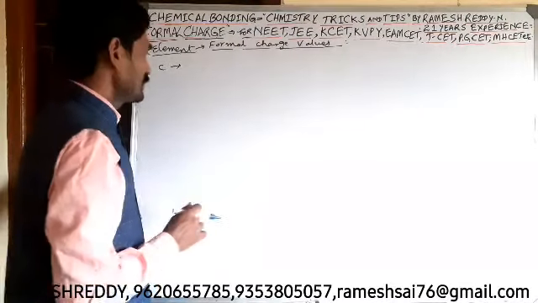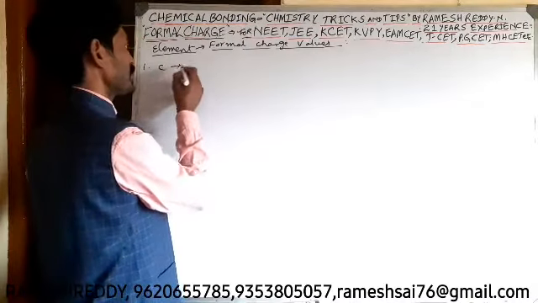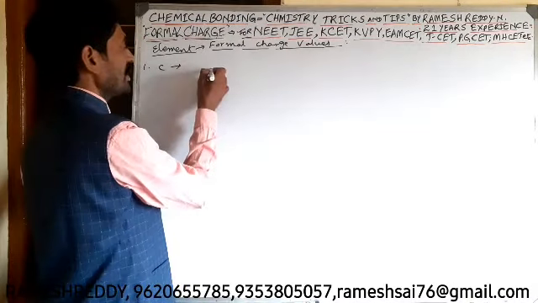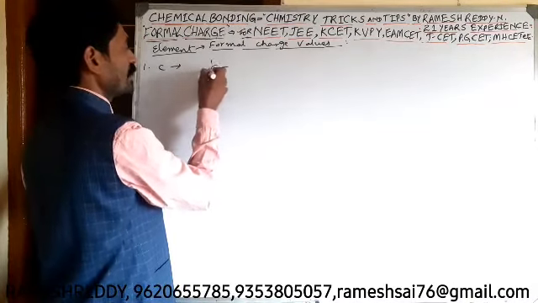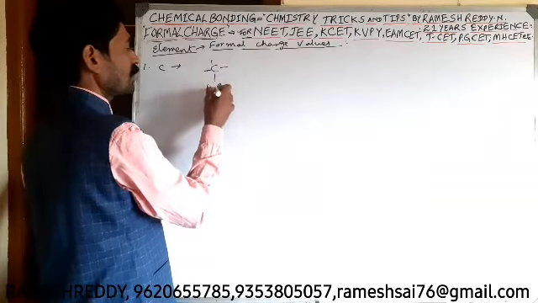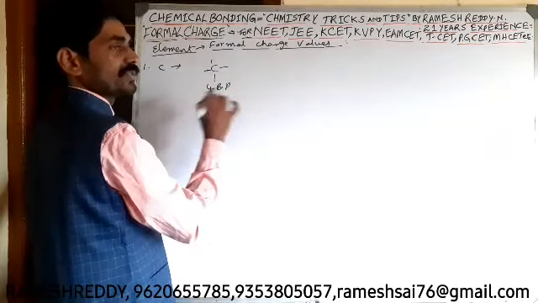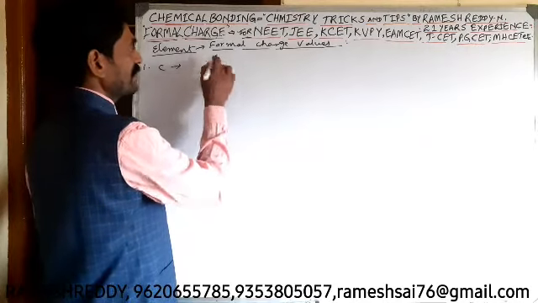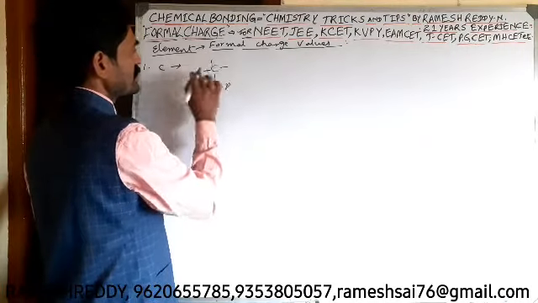How to write it? First of all, in the case of carbon, the carbon has 4 covalent bonds. If all 4 covalent bonds are bond pairs and there is no lone pair, then the formal charge of carbon is 0.